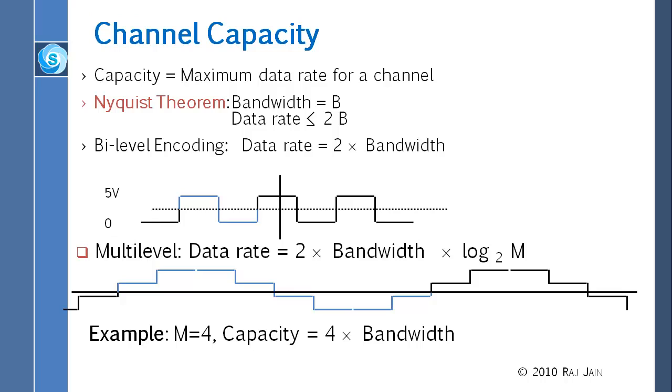So if I said I want to design a coding which has two levels, but you have a 100 hertz signal, then you cannot get more than 200 bits per second. There is no way. Okay, as long as only two levels.